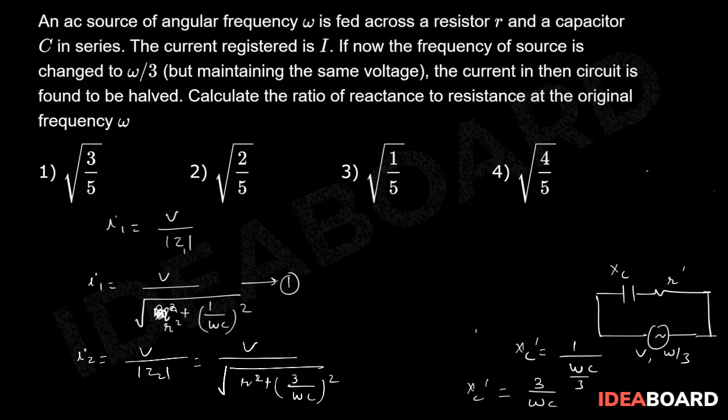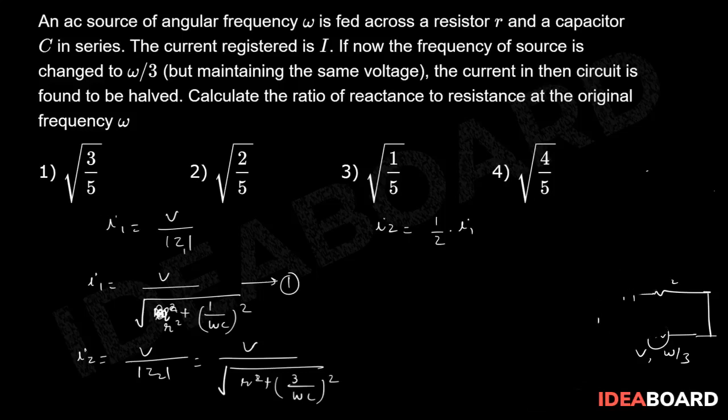Now the condition given is that I2 is equal to 1 upon 2 I1. This is the condition provided. Now solve from this condition.